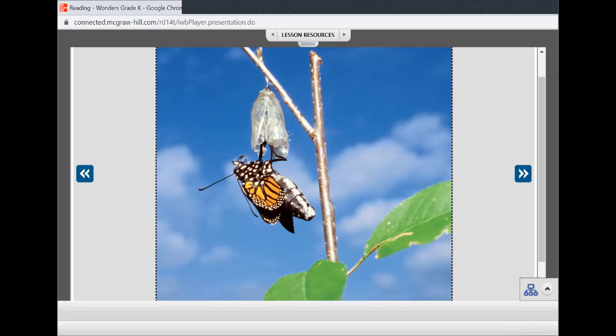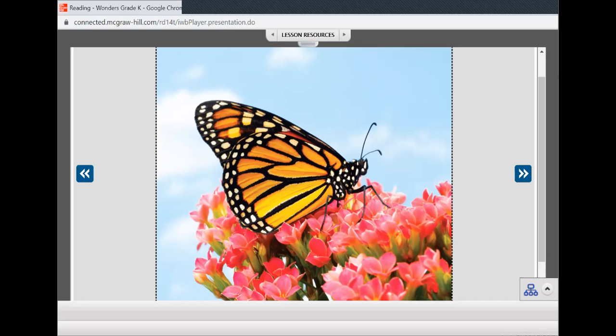Now it leaves the chrysalis after it transforms from a caterpillar to a butterfly, and it's a beautiful butterfly here, and the process starts all over again. So now this beautiful butterfly will lay an egg on one of the plants.